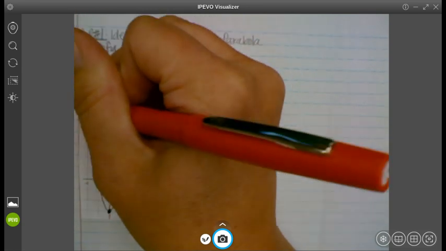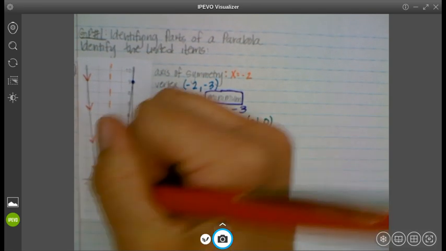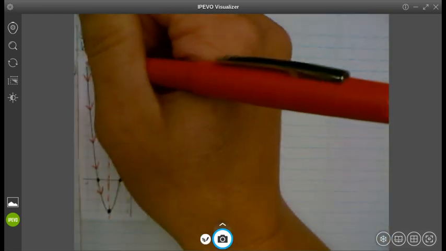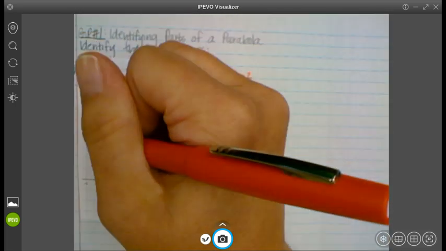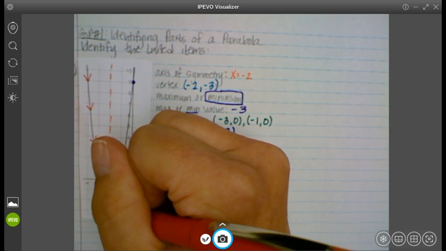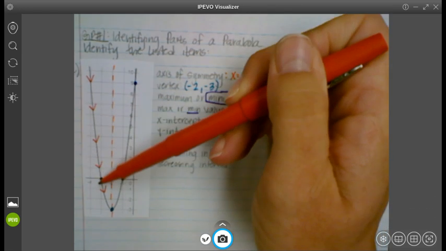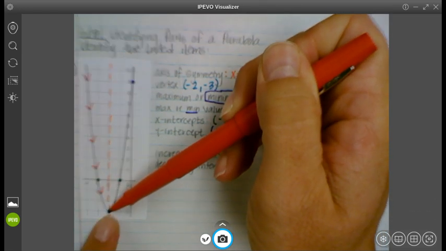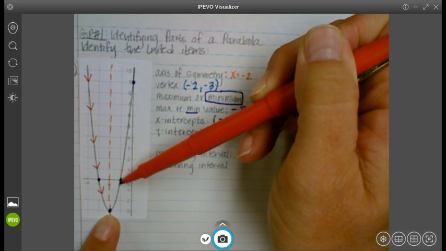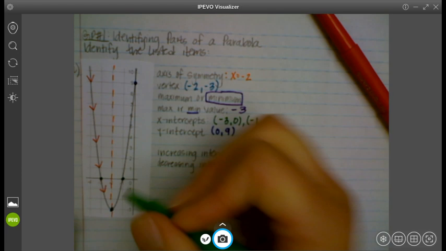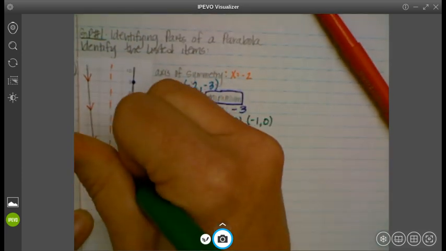So on this side of the graph, it's decreasing from the left side to the right side. Then it stops decreasing right here. And then if I keep going, it now turns around and now it's increasing as it goes to the right. So this side of the graph is increasing.